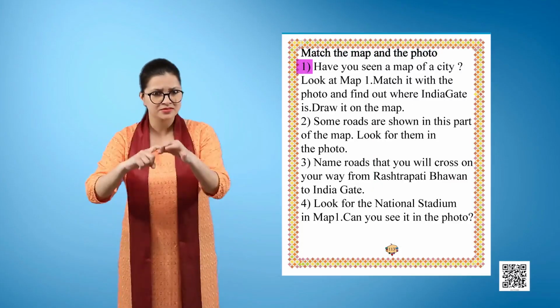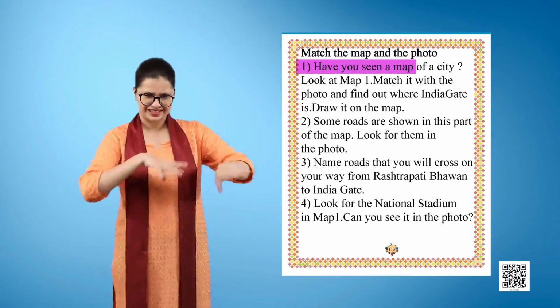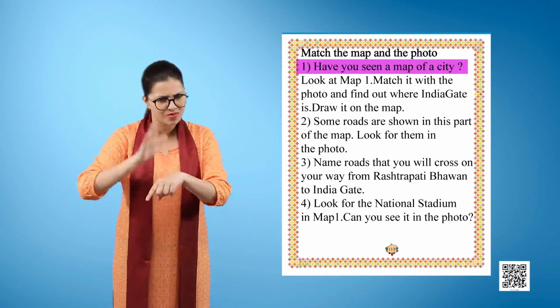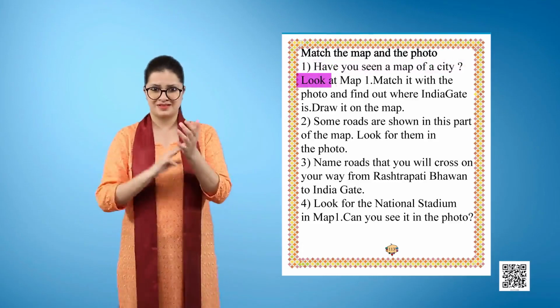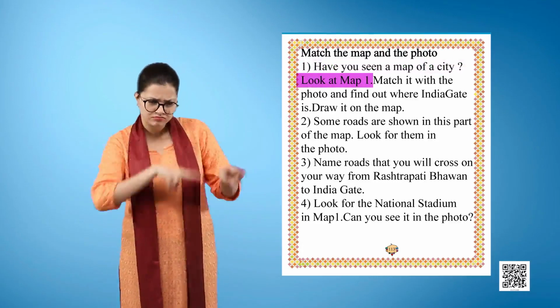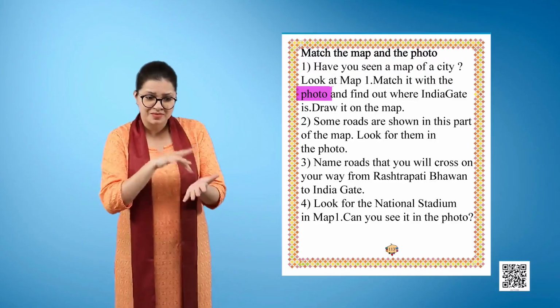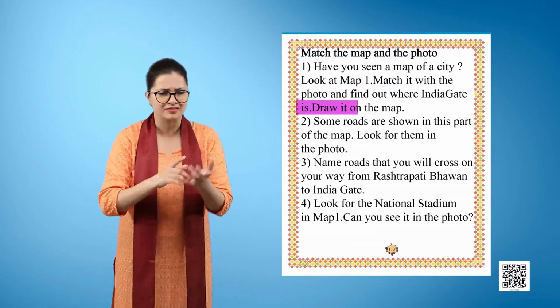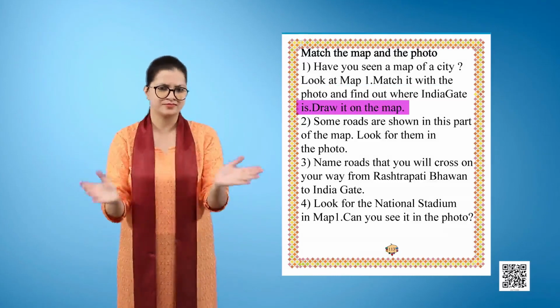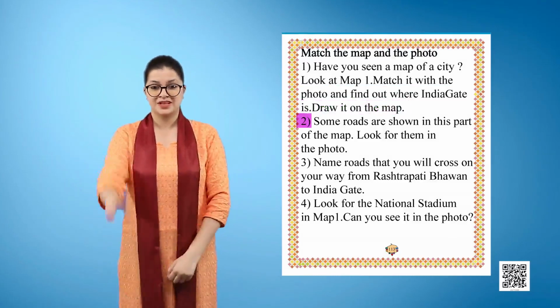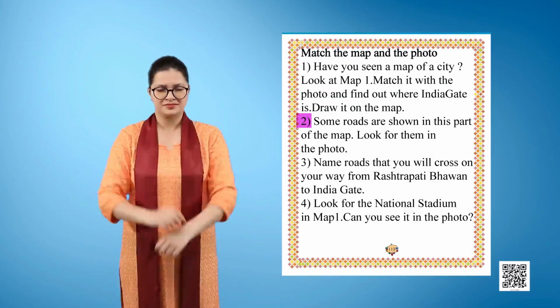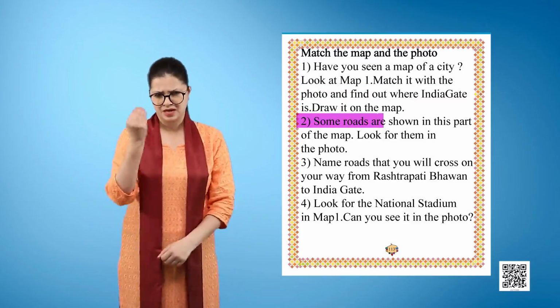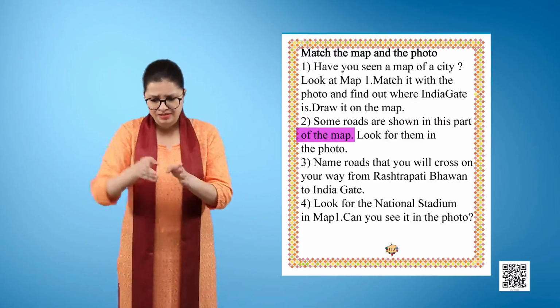One. Have you seen a map of a city? Look at Map 1. Match it with the photo and find out where India Gate is. Draw it on the map. 2. Some roads are shown in this part of the map.